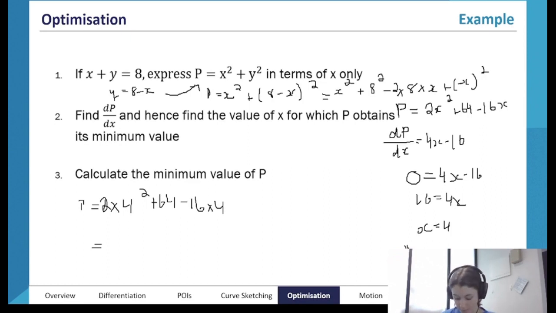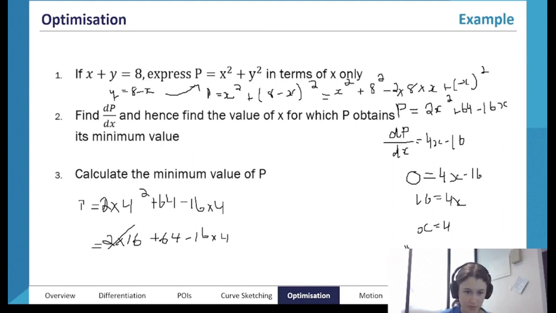You probably could, actually, I'll show you guys how to do it in your head, just because practicing tech-free really is an important tip, which I'll get to in the end. But what we can recognize here is that we have 2 times 16, and then 64, and then negative 16 times 4.